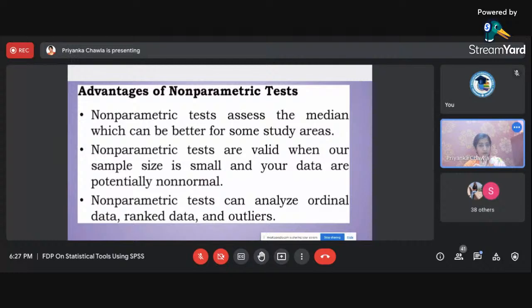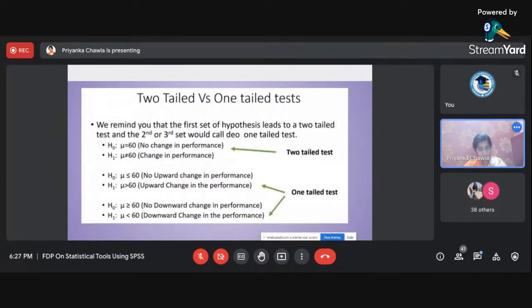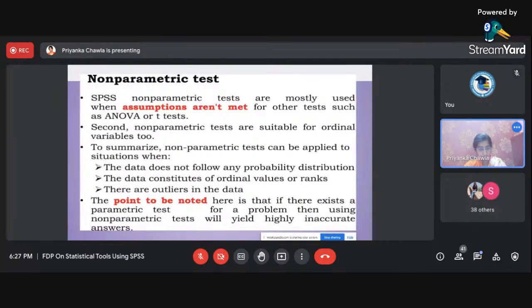The condition of normality should not be followed here. Even if there are outliers, even if the data is not normal, we can apply this non-parametric test. Clear? If the assumptions of parametric test are not met, then we will apply non-parametric test. So let us do the demo of this.